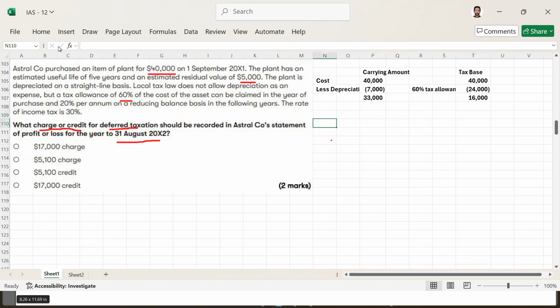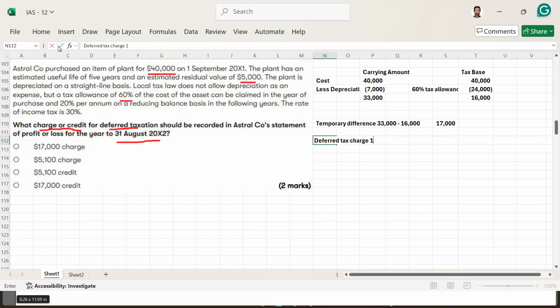So we can easily calculate the temporary difference here. The temporary difference is 33,000. We take away the tax base of 16,000, which leads us to 17,000. The carrying amount is higher, the tax base is lower. So whatever is the temporary difference, we apply the tax rate, and that is going to be the deferred tax charge.